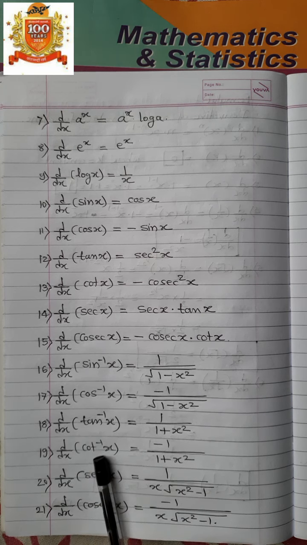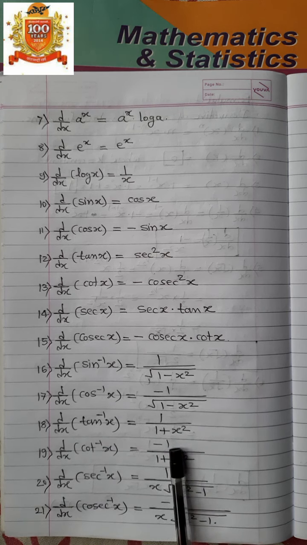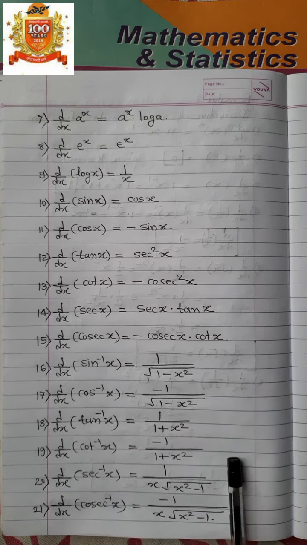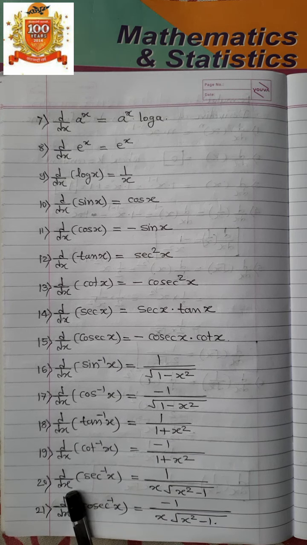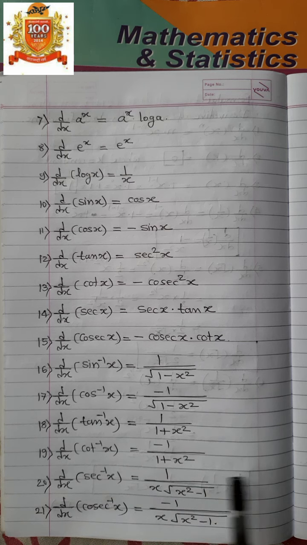Derivative of cot inverse x is minus 1 upon 1 plus x square. Derivative of sec inverse x is 1 upon x root of x square minus 1, and derivative of cosec inverse x is equal to minus 1 upon x root of x square minus 1.